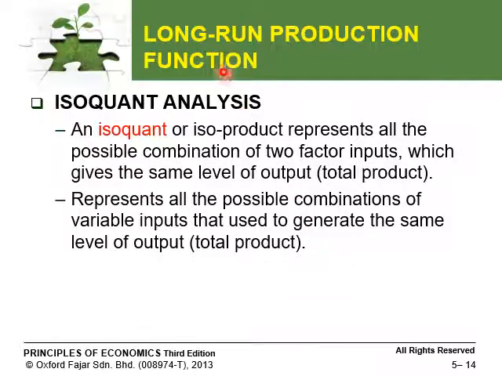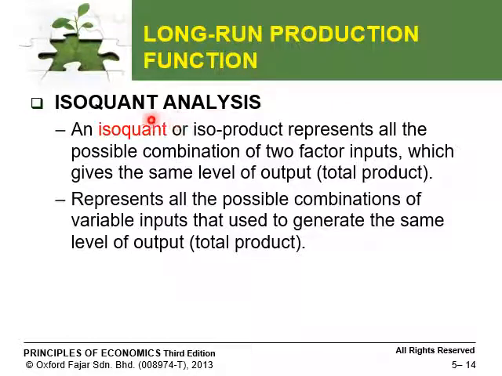But when it comes to the long run production function, your fixed input is converted into variable inputs. Why? Because the firm wants to increase its capacity. Fixed input is constant, it cannot change. So they will try to convert the fixed input to variable inputs in order to make it more flexible to increase production.